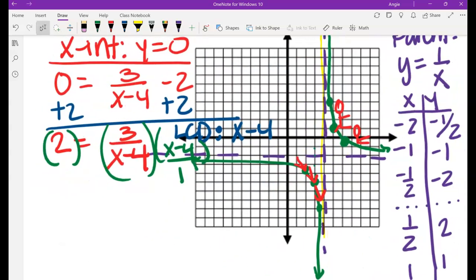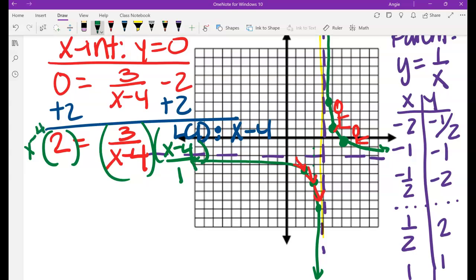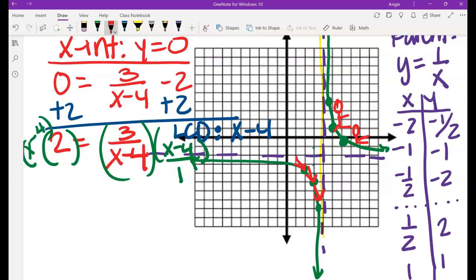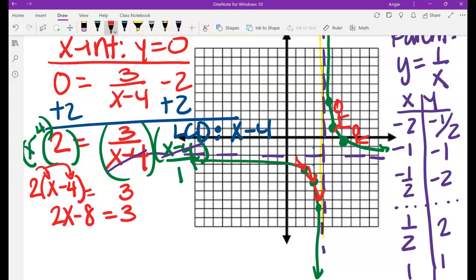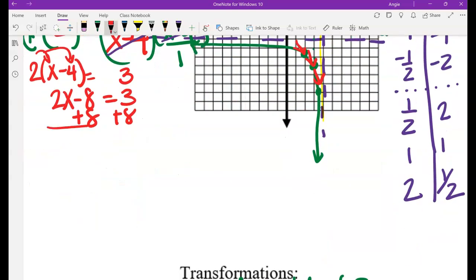Okay, so on one side, this is going to reduce, guys. On the right side, we have 3 left. On the left side, we have 2 times x minus 4. Let's distribute the 2 out. So 2x minus 8 equals 3. Add 8 to both sides. Then that's going to give us 2x equals 11. X equals 11 over 2, or 5.5.